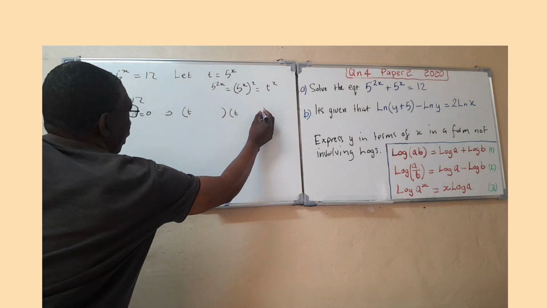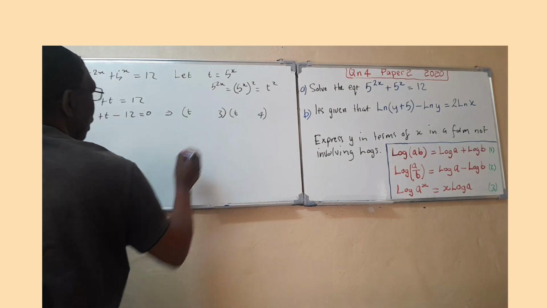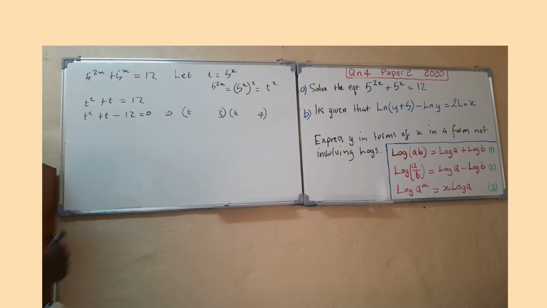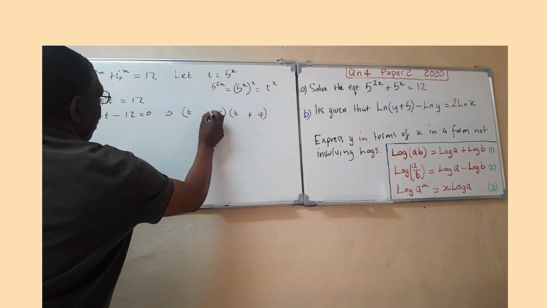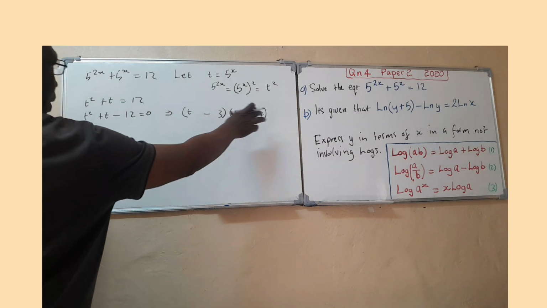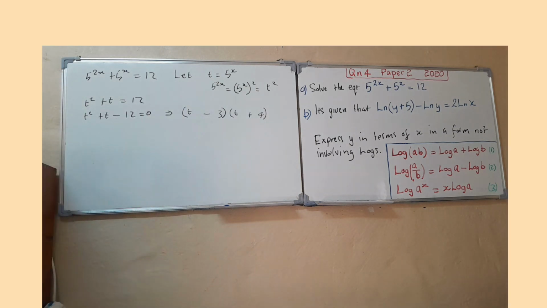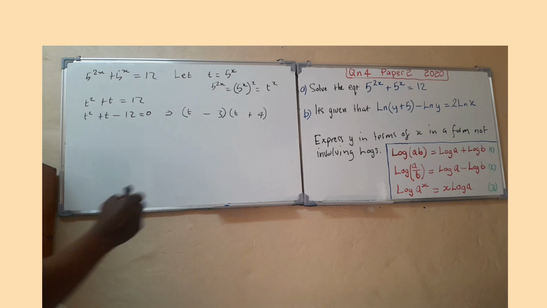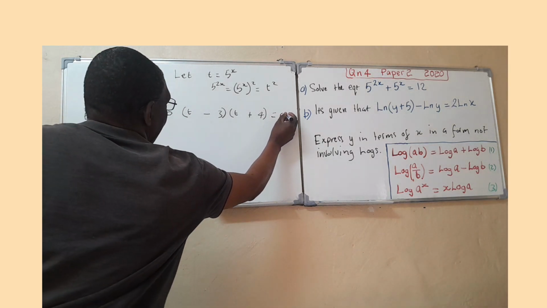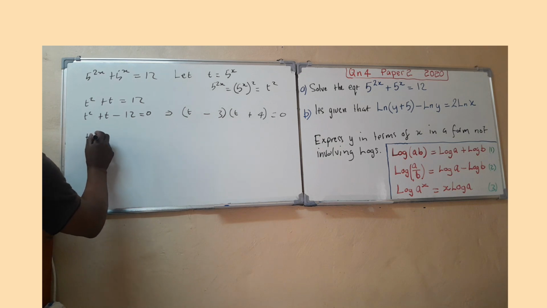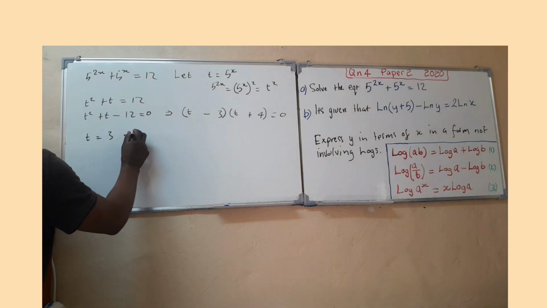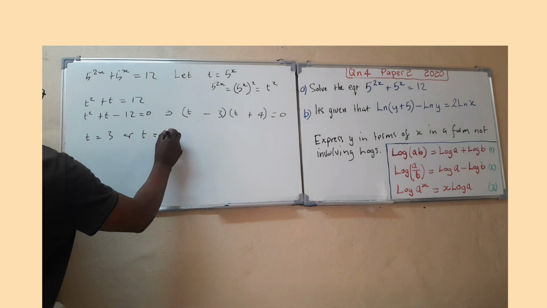So let's put a 4 here and a 3 there. The 4 must be a plus and the 3 must be a minus, so that we get a plus 4 and a minus 3 to result in a 1. And this, of course, is equal to 0. Now, straight away we can say, therefore, t is equal to 3 or t is equal to minus 4.